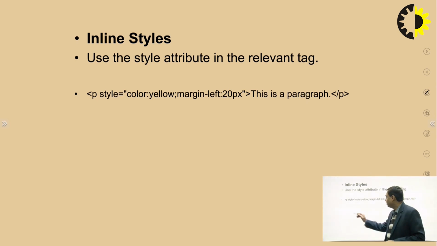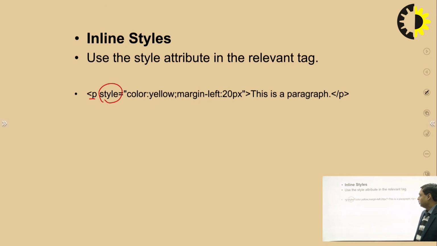So in this example, we are giving the P tag and just writing the style attribute. No need to write the curly brackets here. Just use the double quotes and write the declarations. So two declarations are mentioned. One is color, the property name, and yellow is the value. Second is margin left as the property name, and the value is 20 pixels.